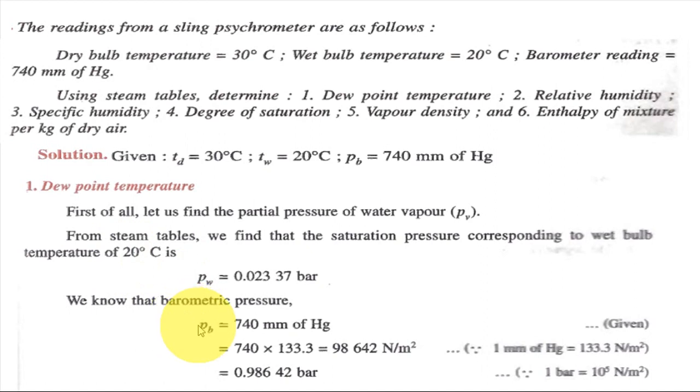Then the barometric pressure given in the numerical is 740 mm of Hg. I convert this pressure into Newton per meter square. 1 mm of Hg equals 133.3 Newton per meter square. So 740 into 133.3, I get 98,642 Newton per meter square. Converting this pressure into bar, the barometric pressure equals 0.98642 bar.